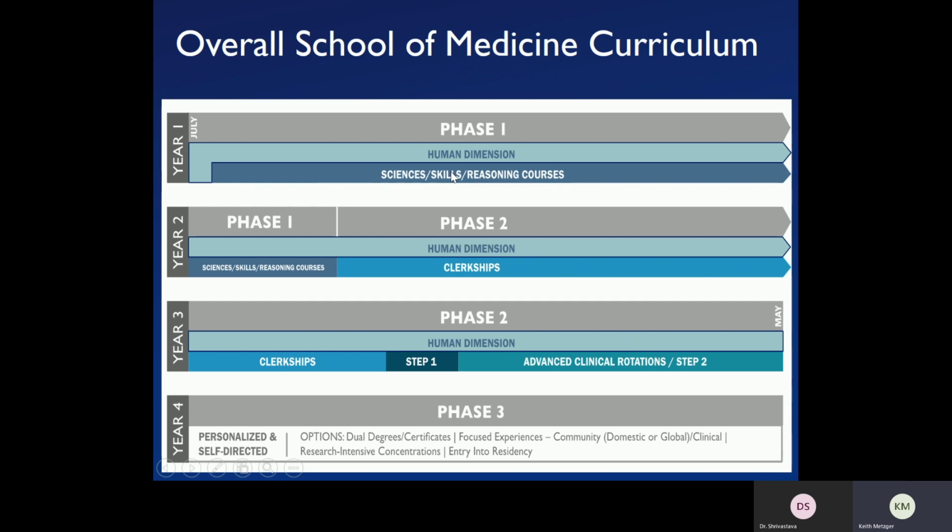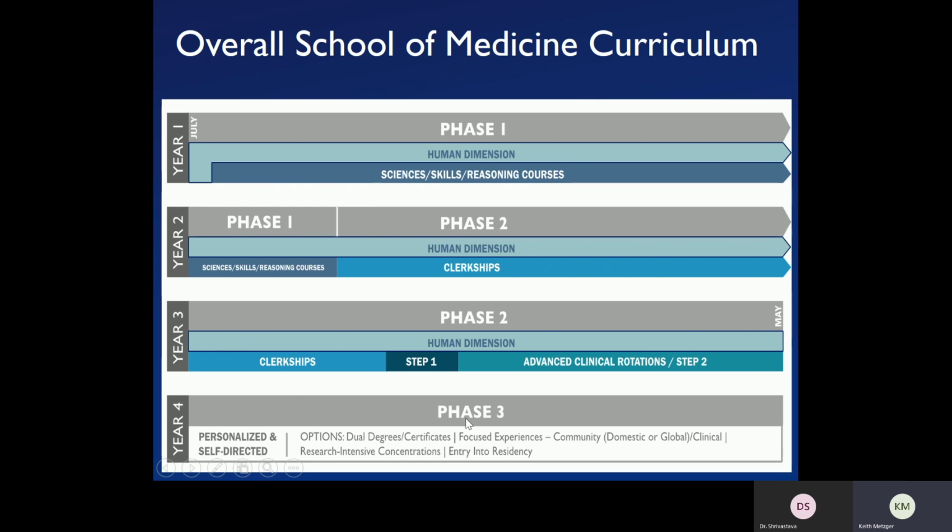So as you can see, we have 4 years, but we have a 3-year core curriculum, made up of 2 phases. The first phase is called the Sciences, Skills, and Reasoning phase. The second phase is our clerkships, and that takes us to the end of the 3rd year.